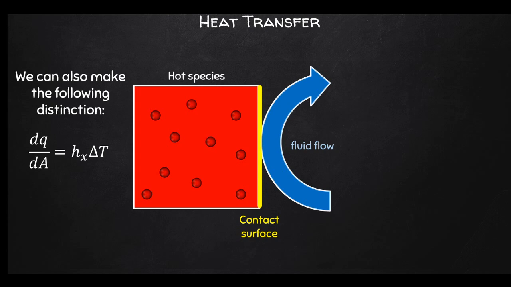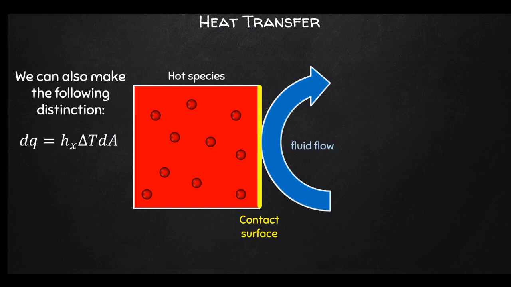We can also make the following distinction, where we could say that we are measuring a heat transfer coefficient at a specific place on the surface of the contact surface. And we can, of course, integrate this.